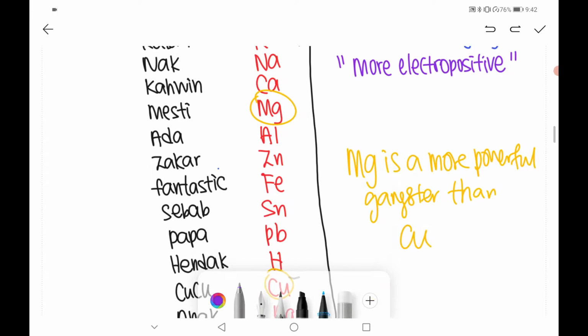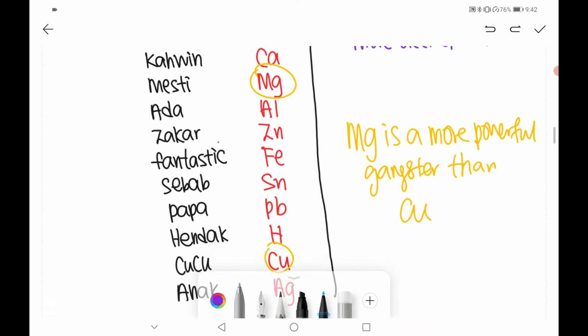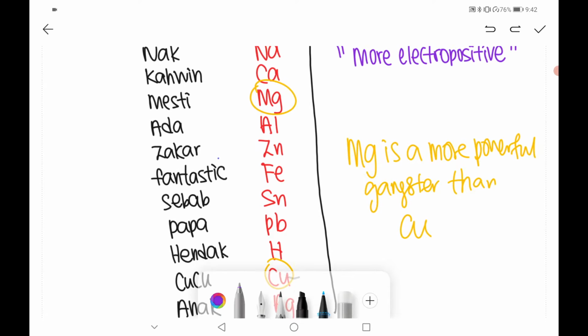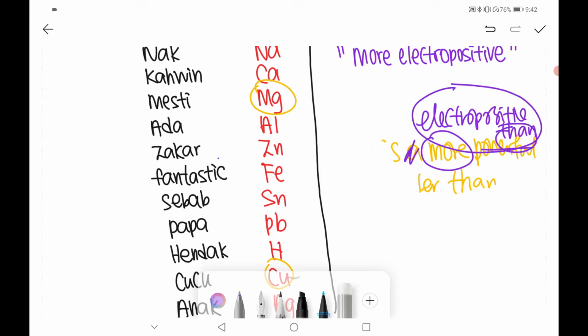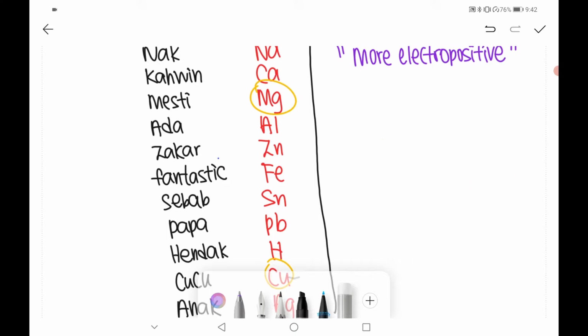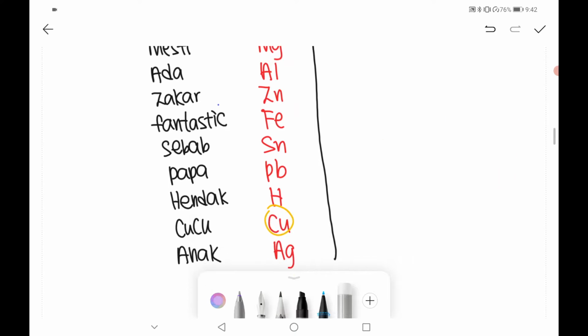So in SPM, you write that magnesium is more electropositive than copper. More electropositive means more powerful gangster.